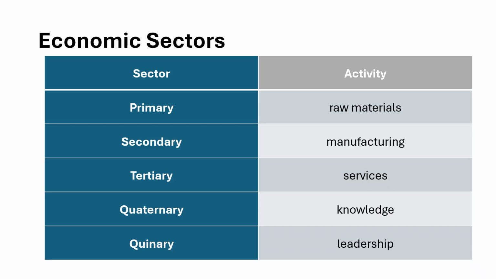The quaternary sector is the knowledge sector, how to make things, creating new products. We find higher education is in this sector, professors who are creating new knowledge. Finally, the quinary sector. This is the leadership sector, the governments that decide just how services will operate.